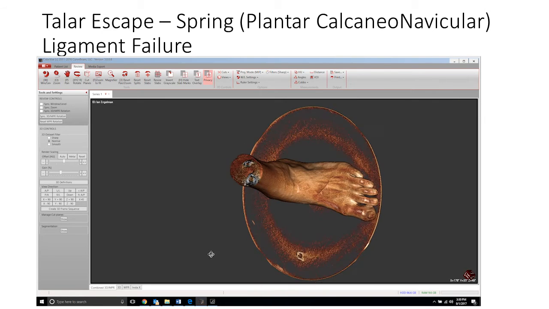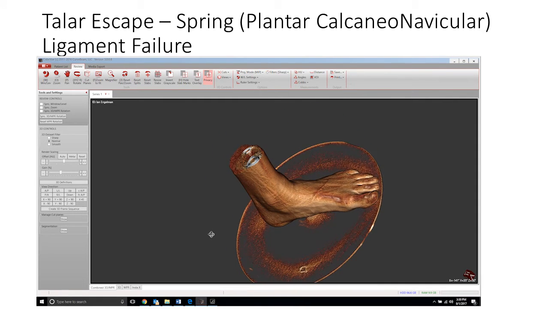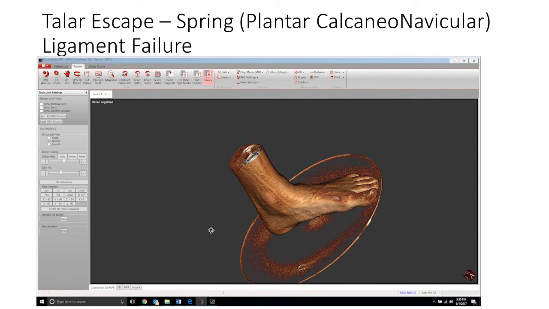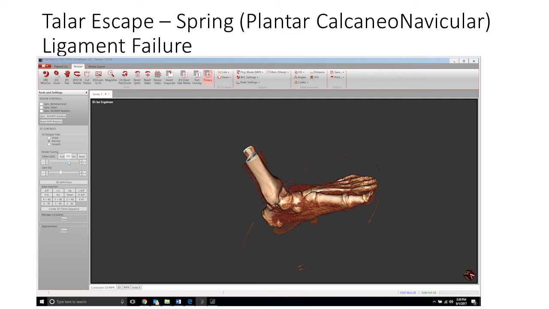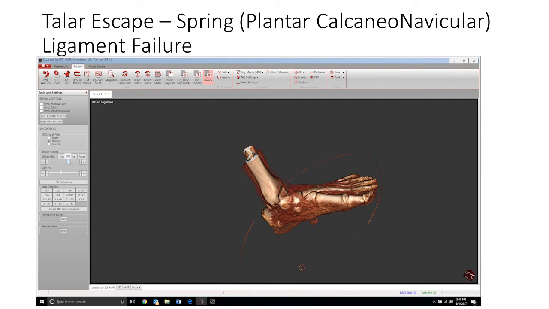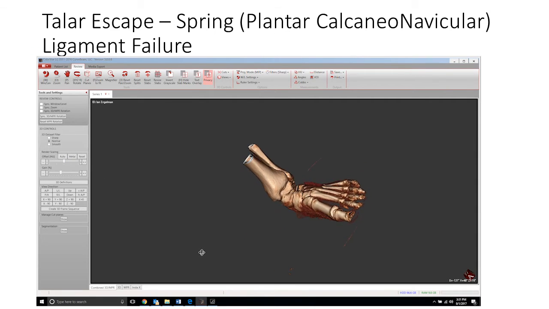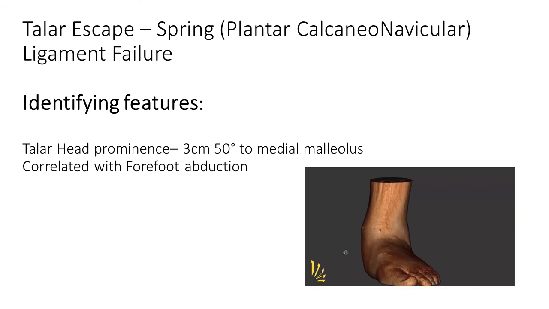You can see the talar head just distal to the medial malleolus, and the distance between the talar head and the medial malleolus is a lot less than the distance from the navicular to the medial malleolus. When you take away the soft tissue, keep your eye on that bulge, you can see there it is, the head of the talus poking right out. Identifying features here is that you can easily palpate the talar head, which tends to be 3 centimeters from the medial malleolus.